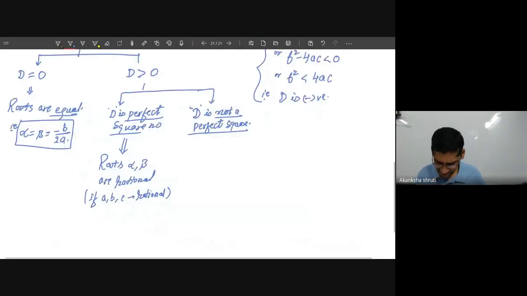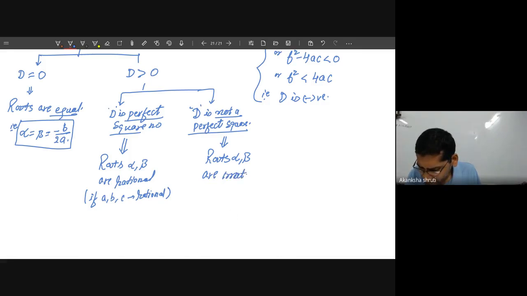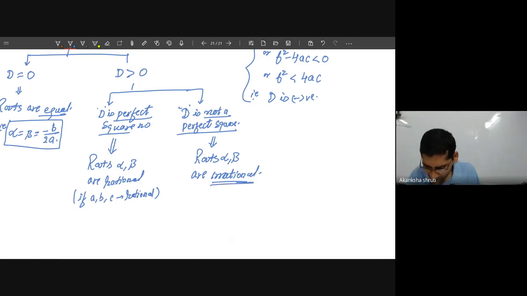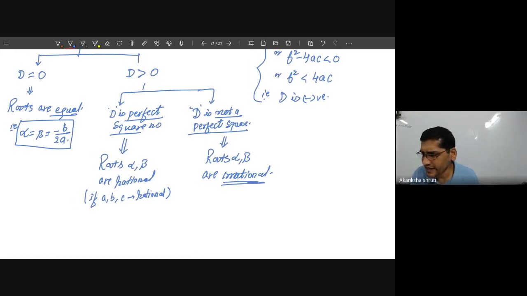And in this case, our roots alpha and beta are irrational. Here, whether a, b, c are rational or irrational doesn't matter. Okay, student? So these are the conditions.